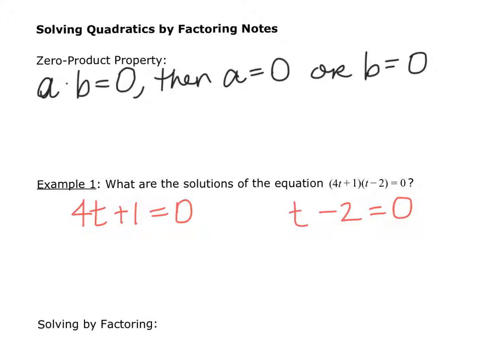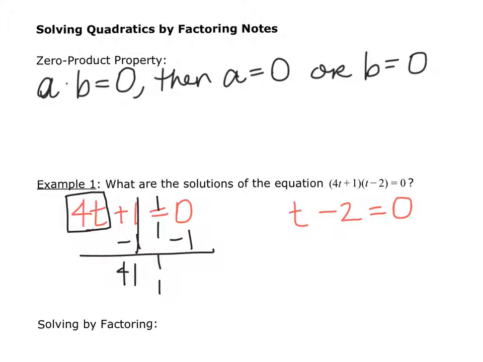All right, we're going to take this all the way back to the beginning of the year. We're going to solve for each of those variables. I know it's been a while, right? So here, how do I get t by itself? Subtract 1.